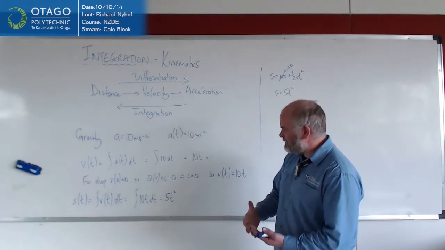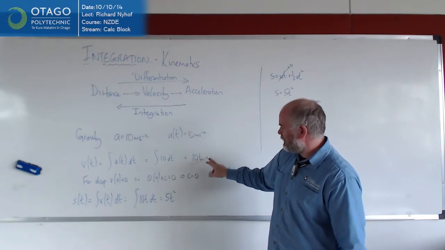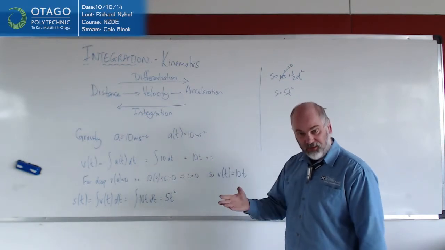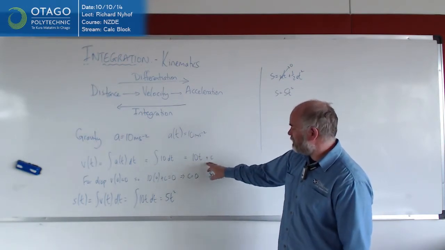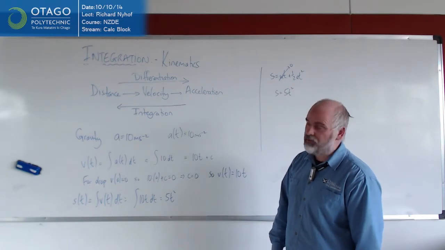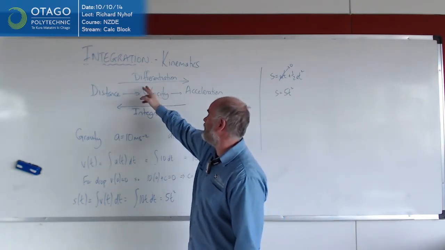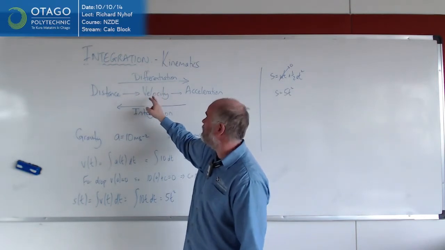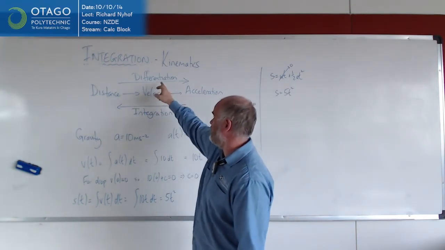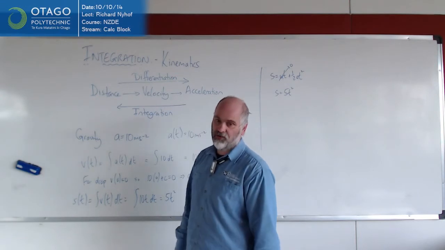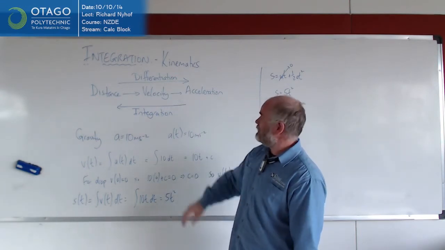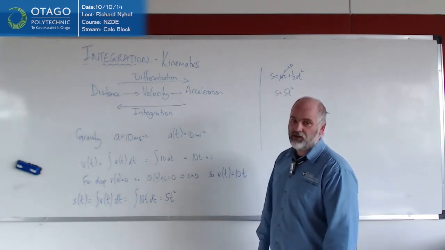If your starts are all zeros, those can be ignored, but if it starts with a particular speed, then you have to take that into account. But that's really all there is to it, and this lets you go both ways. If you start with a velocity function, you can work out acceleration by differentiation or distance by integration. Okay, so that's really the guts of what there is in kinematics.